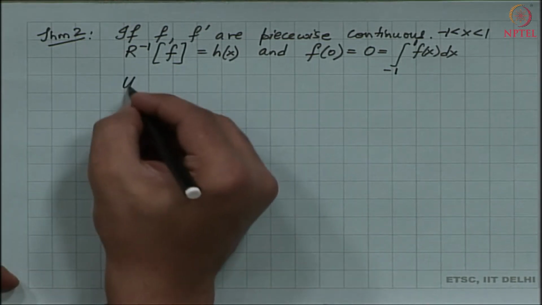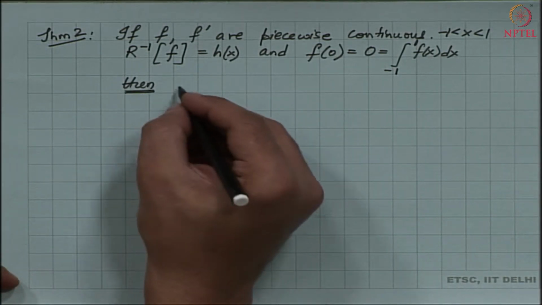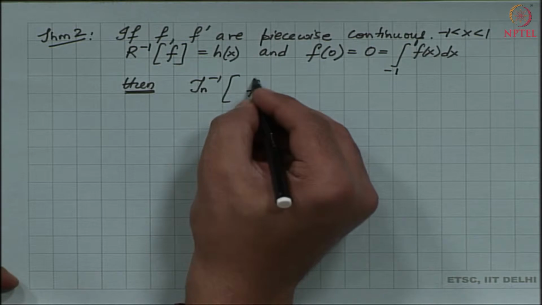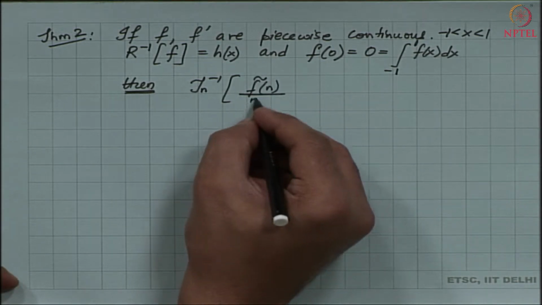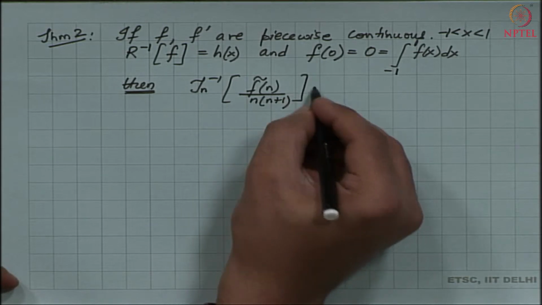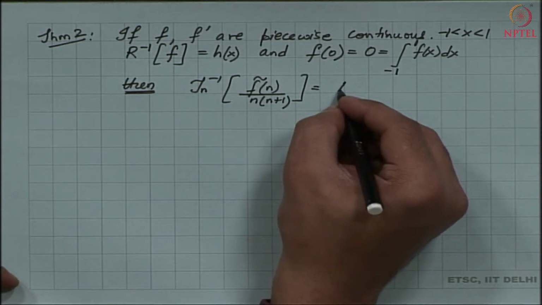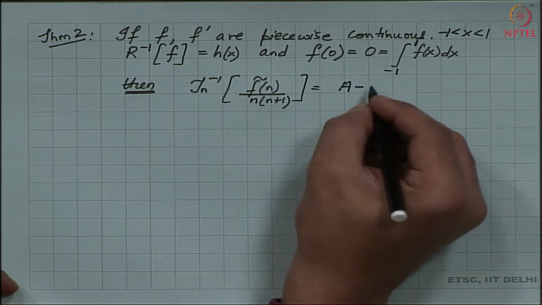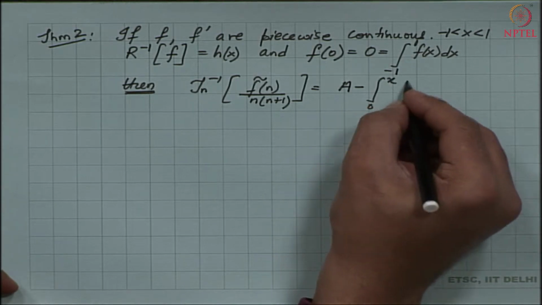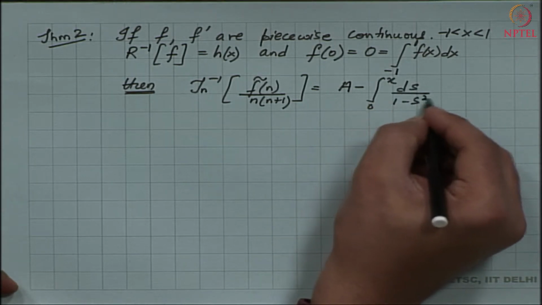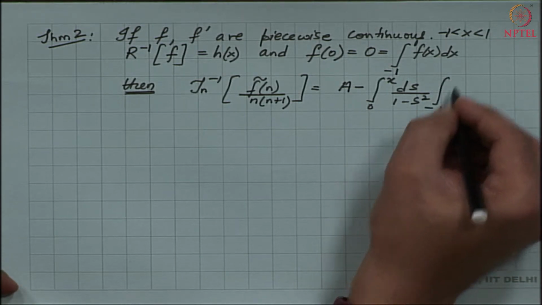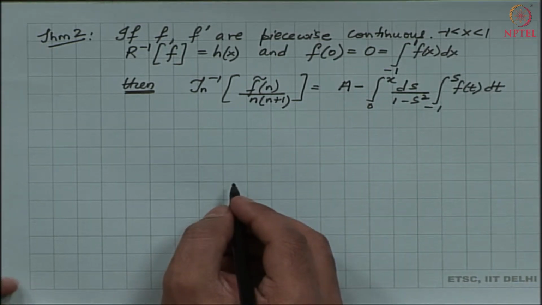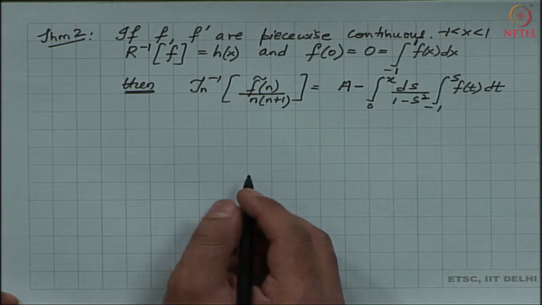Then the theorem says that the inverse Legendre transform of the function f tilde of n, divided by n times n plus 1, is given by a minus integral 0 to x ds by 1 minus s square integral -1 to s f of t dt.